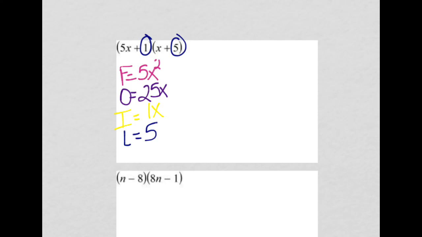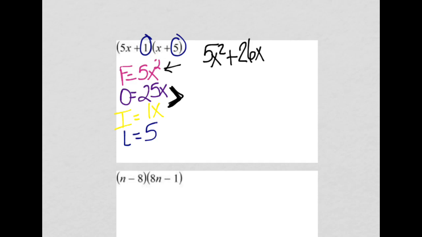And now to get my answer, I look to see what I can combine. I have absolutely nothing else with an x squared, so my first term of 5x squared is part of my answer. I have two terms that have an x attached to them. Positive 25 plus 1 is a positive 26x.